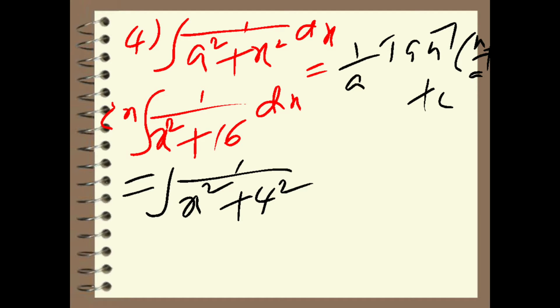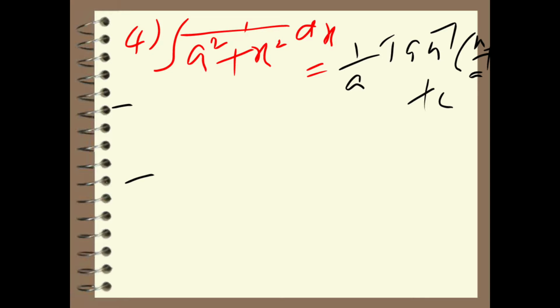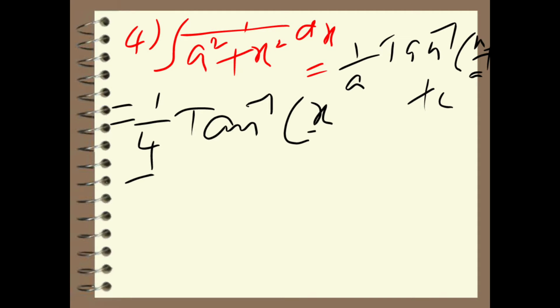So what is a here? 4. What is our formula? 1 by a, that is 1 by 4 tan inverse of x by a, x by 4 plus c. So which is our answer? Is it clear? Okay, thank you.